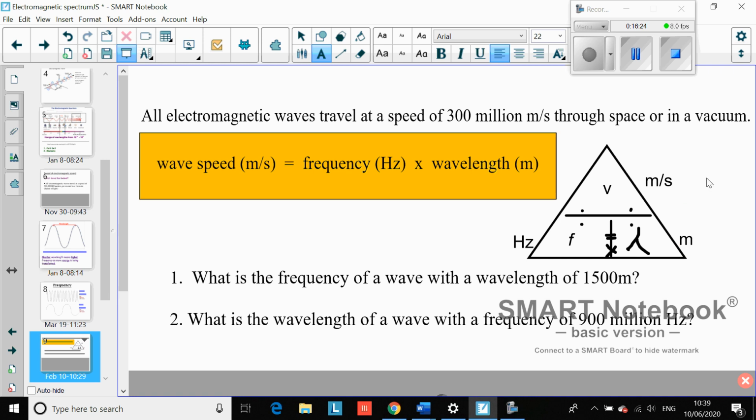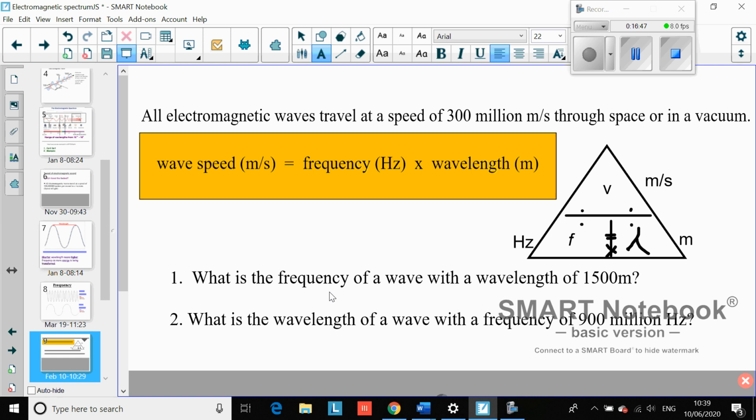So the way they're all linked is frequency times wavelength, which is the wave speed or velocity. If you want to know the wavelength, it's wave speed divided by frequency. And if you want to know the frequency, it's wave speed divided by wavelength.